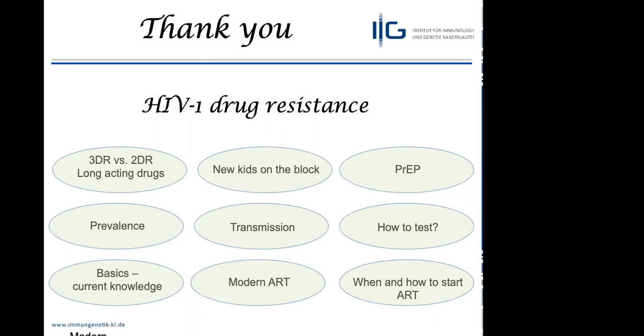I think for these new drugs, I would go for these new drugs. We have seen for the 184 that even the pre-selection of drug resistance is not affecting these new drug regimens. So I think you can treat these patients.